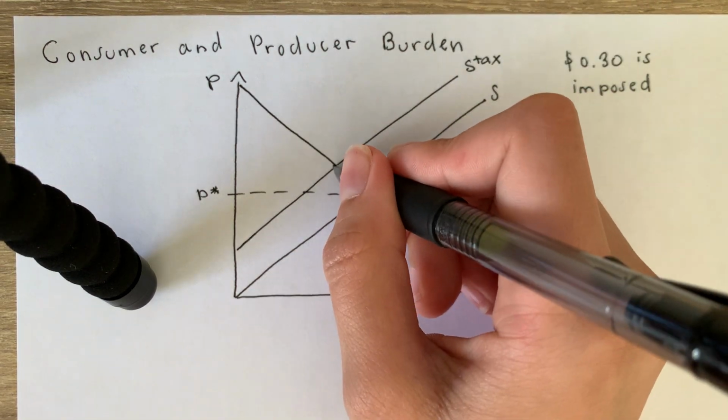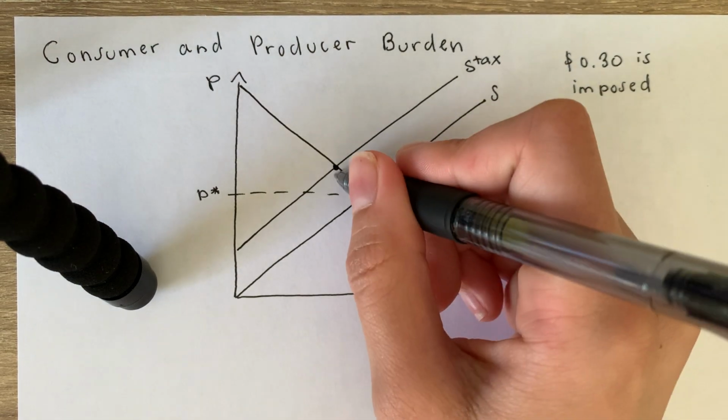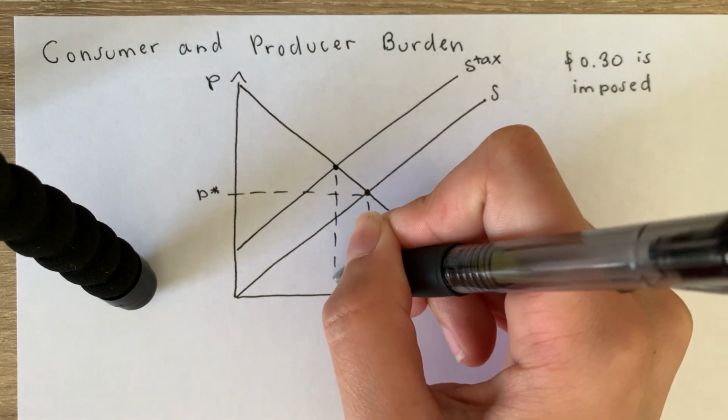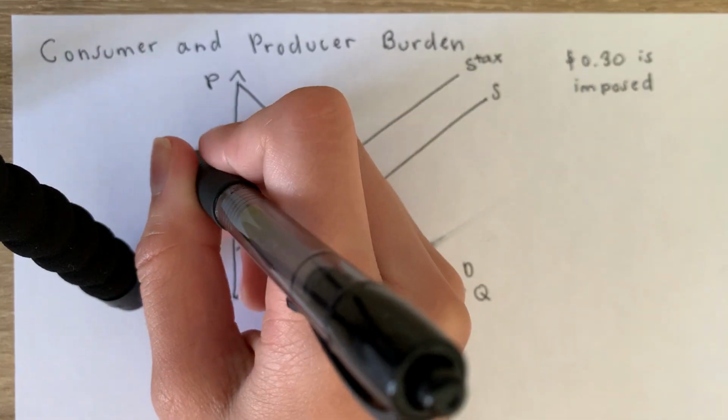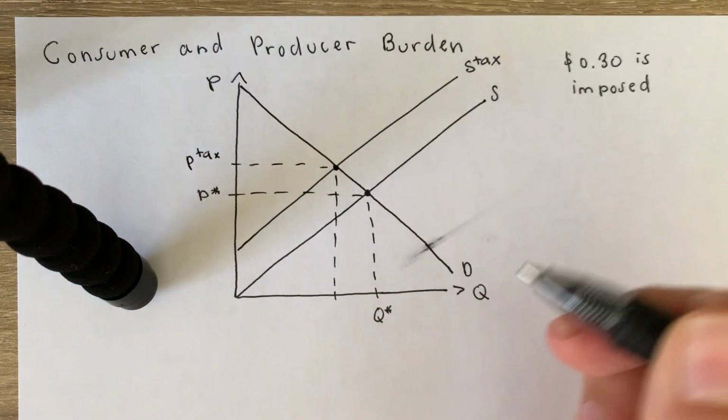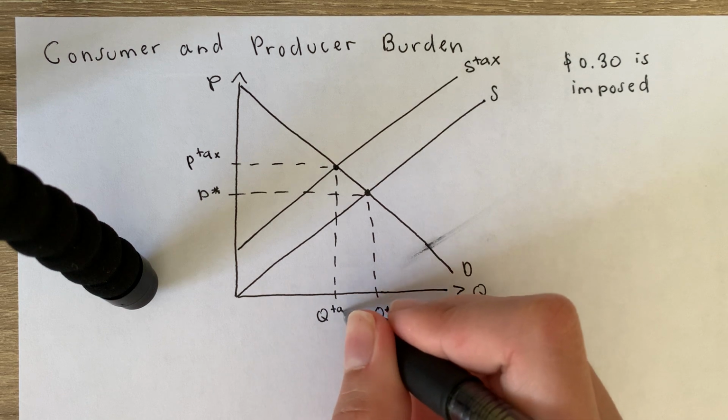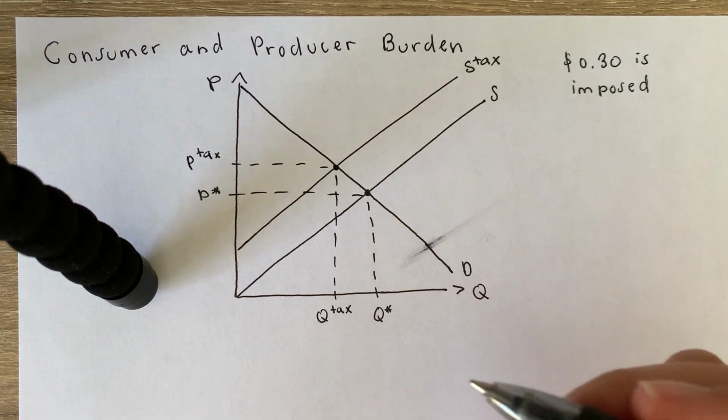And then we're going to get a couple new points, so we'll label the intersection. Can draw the line down. So we have P tax here, right? And then we also have Q tax up here. So let's give them numbers.